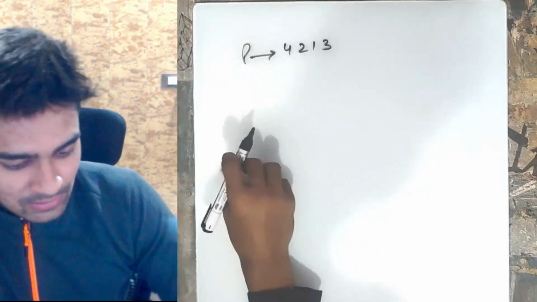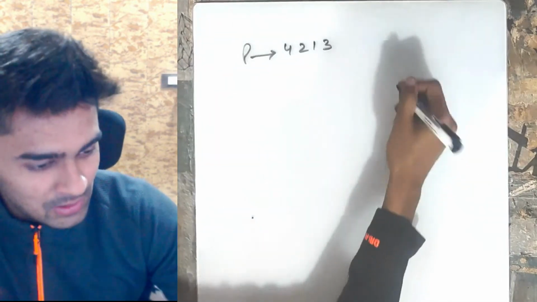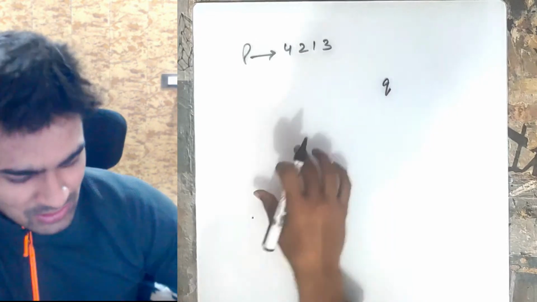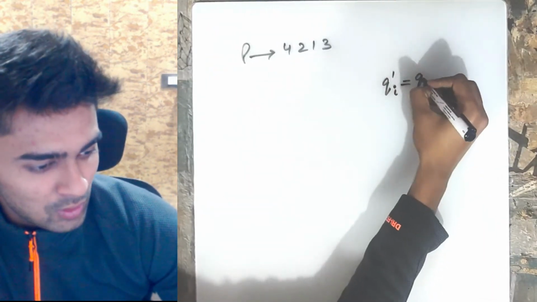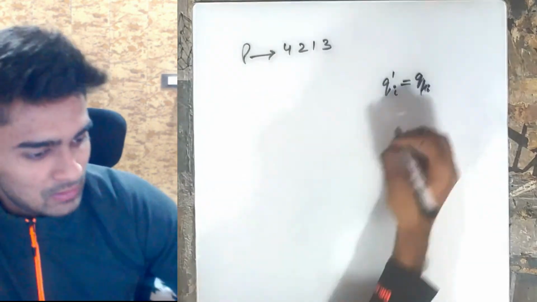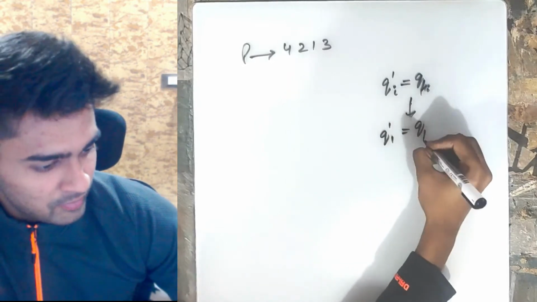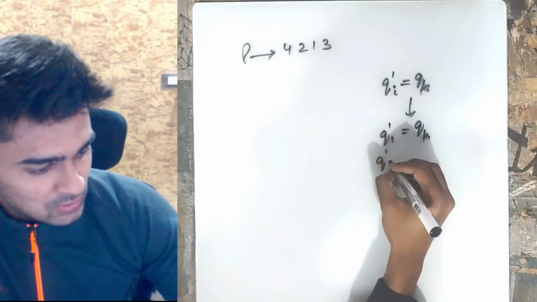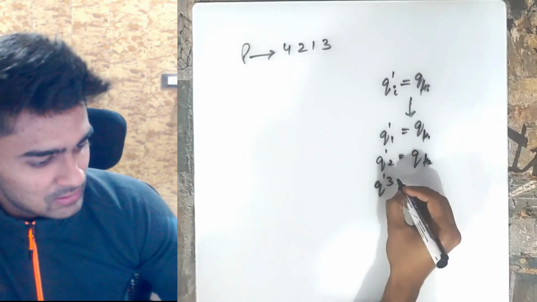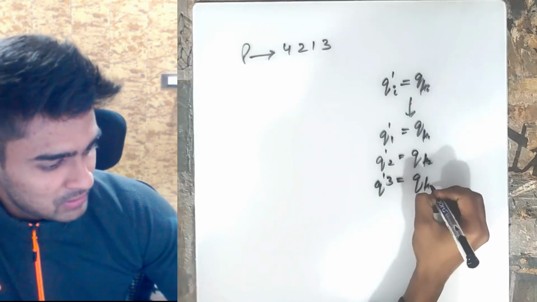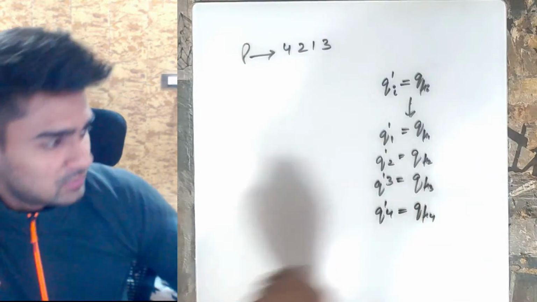What we are given is that after every query, it makes another permutation or sequence, we can say Q dash, and Q dash i is equal to Q of Pi, which means Q dash 1 is going to be Q of P1, Q dash 2 is going to be Q of P2, Q dash 3 is going to be Q of P3, Q dash 4 will be equal to Q of P4.